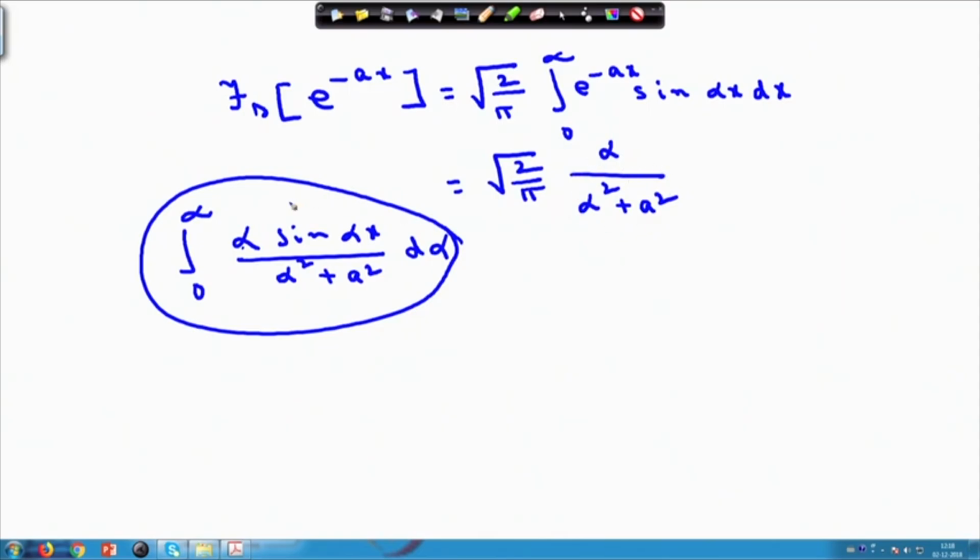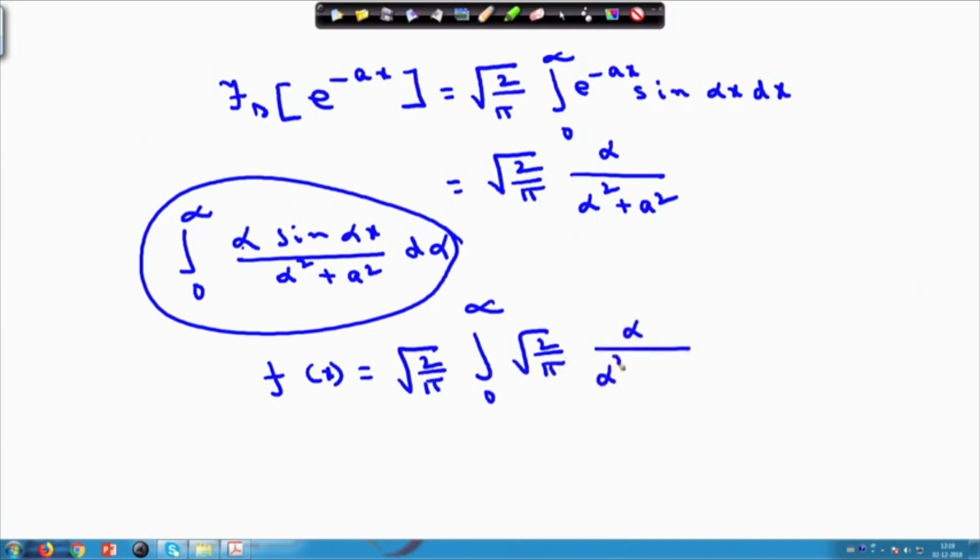So, from common sense I can tell that if I take the inverse Fourier transform, I will obtain this integral, effectively alpha by alpha square plus a square into sin(alpha x). So, by the inversion formula we can write f(x) equals root over 2 by pi integral 0 to infinity root over 2 by pi into alpha by alpha square plus a square into sine of alpha x into d alpha. That is what you are getting using the inversion formula.